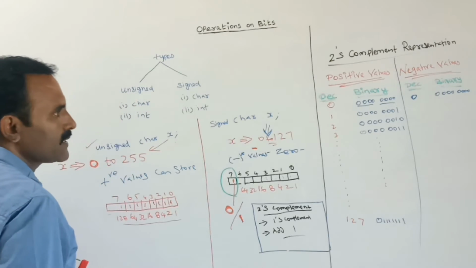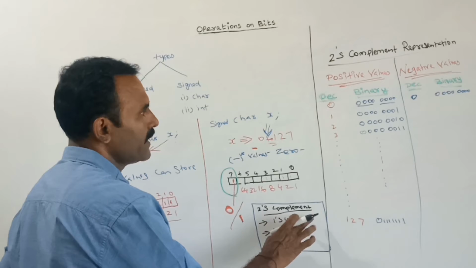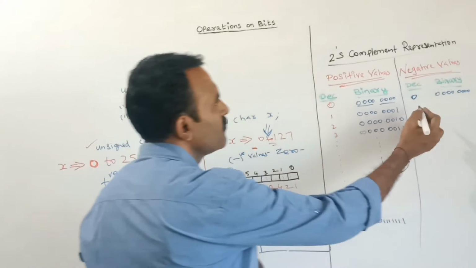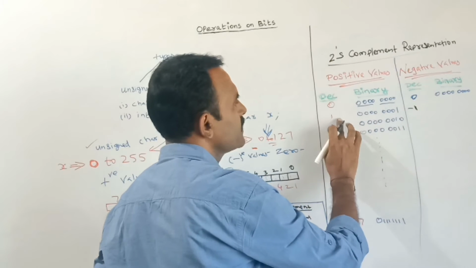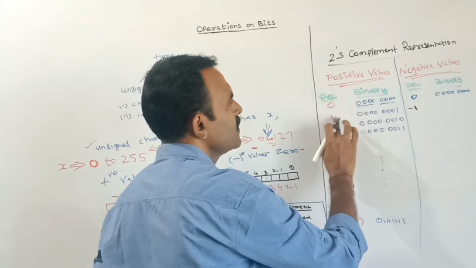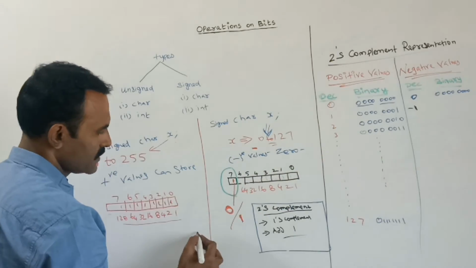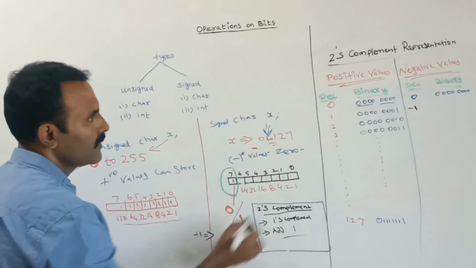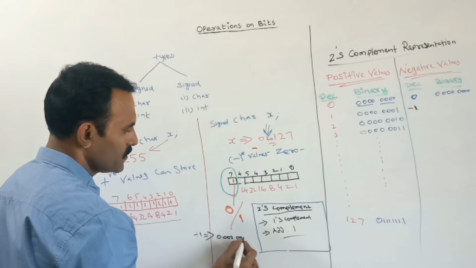See here, let us take this first step. Here, take the 1's complement of the binary value. Suppose I want to find minus 1. So here first you take the 1's complement of the plus 1 binary value. For plus 1, that is 0, 0, 0, 0, 0, 0, 0 and 1.